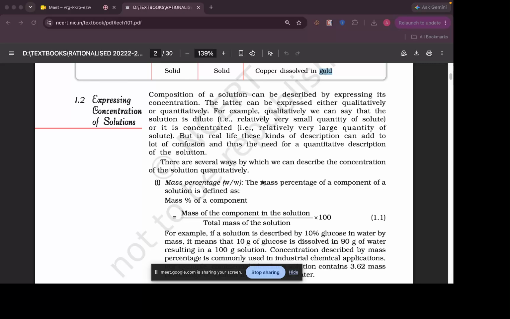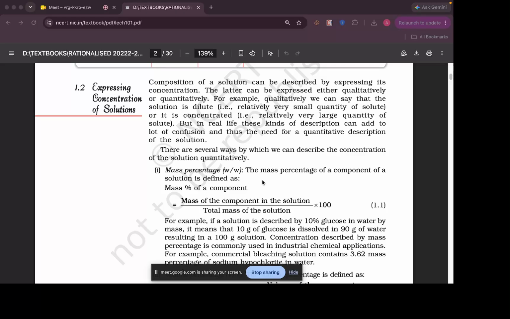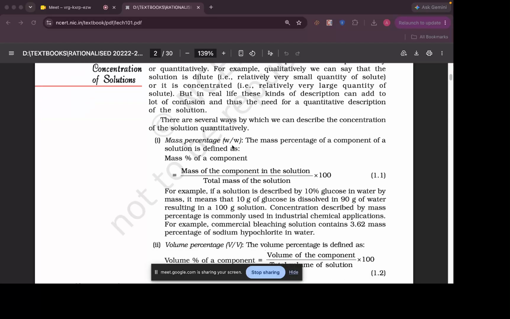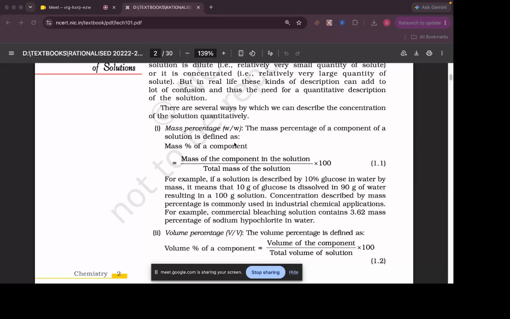Before going into that, let's first complete this part, then we will write our short notes. Expressing composition is done. Composition of a solution can be described by expressing its concentration. First, mass percentage. From the name itself it is telling us what it means: mass of the component in the solution upon total mass of the solution into 100.